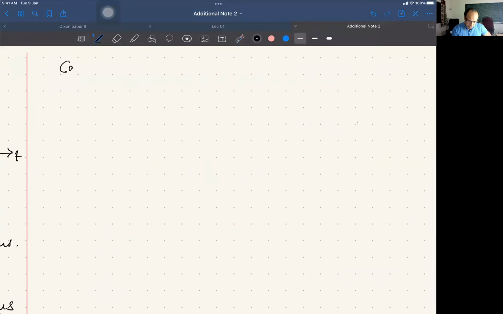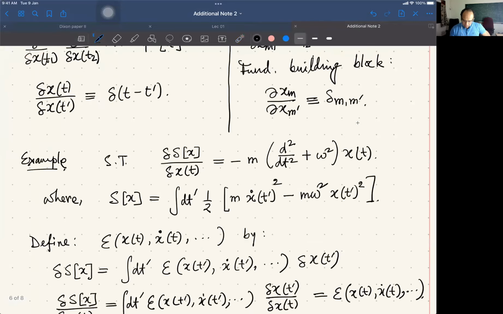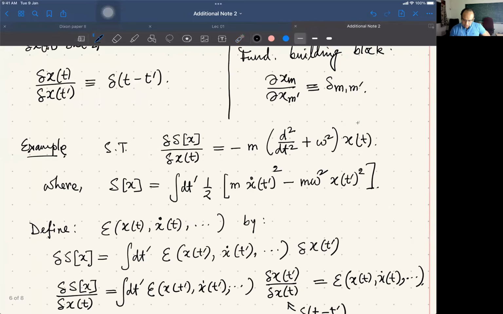To calculate E, you have to calculate the variation. You have the integral dt' of half m x dot squared. When you take the variation, it's like x dot times x dot, exactly the same way as in ordinary differentiation.